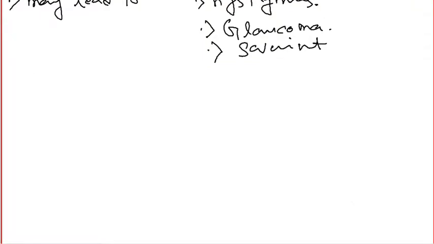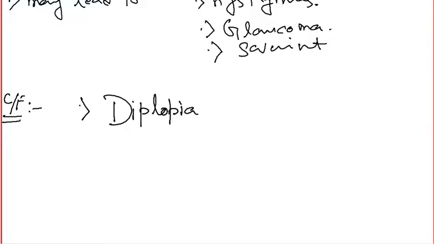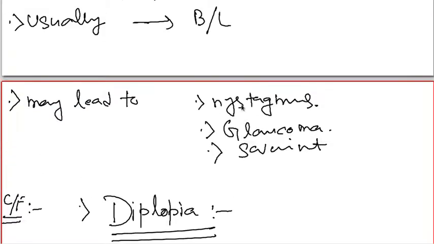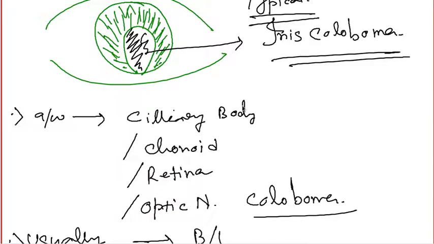So what are the clinical features here? First and foremost is diplopia. Now as you can see in this picture, if we remove this portion, here will be the lens.